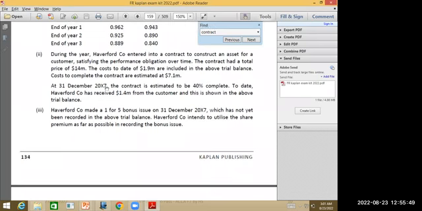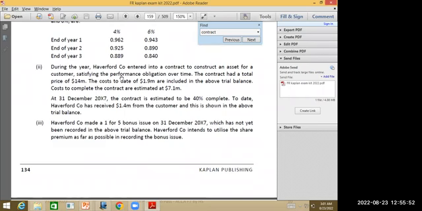Here we have the adjustment from the Haverford question, in which you are required to solve this question with the new format. Please solve it.